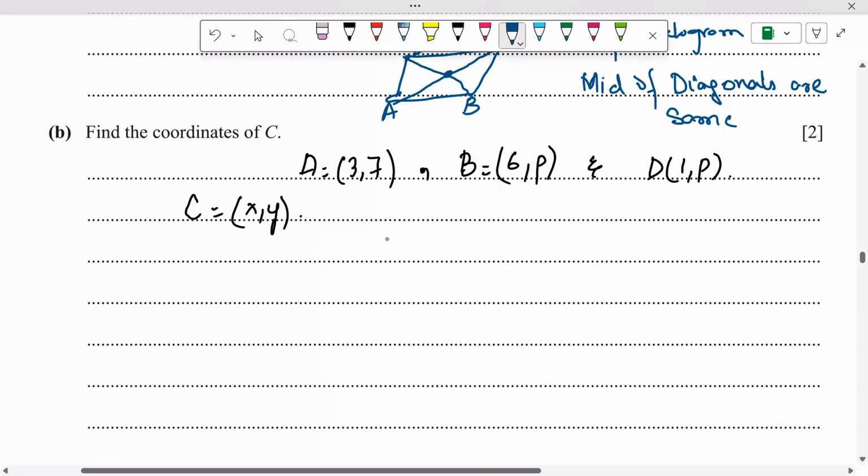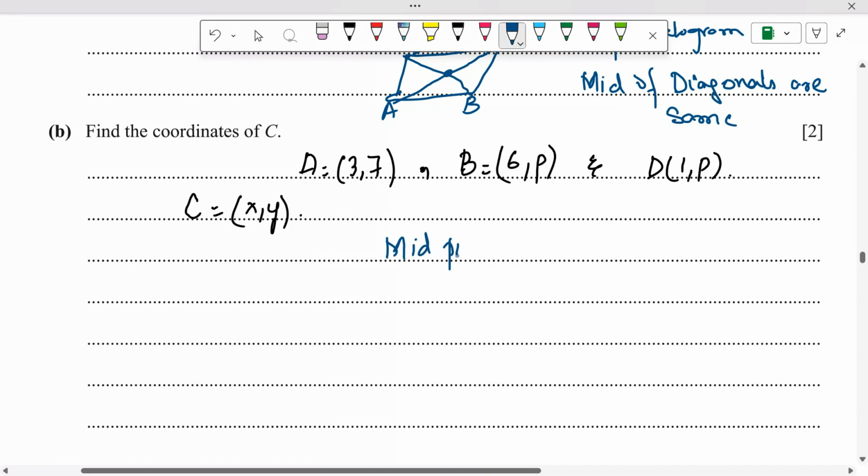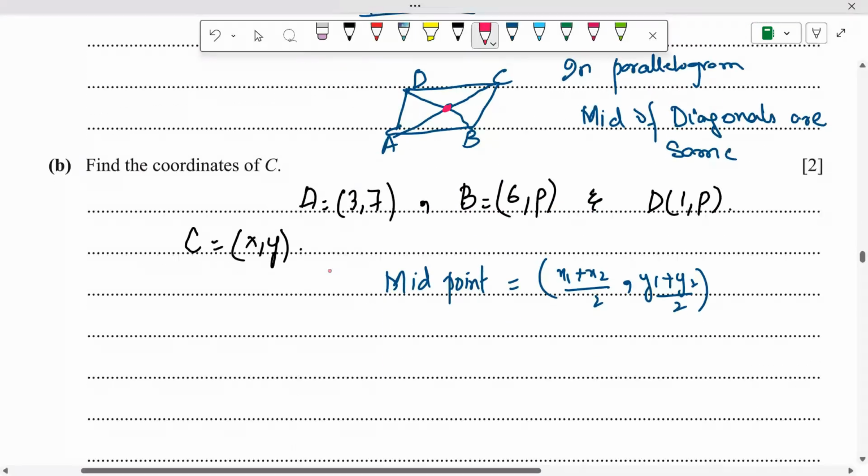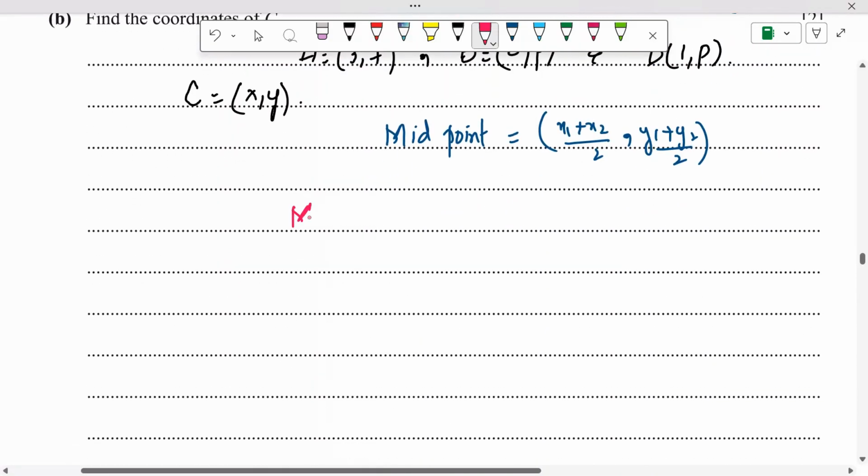And we know that the midpoint formula is ((x1 plus x2) over 2, (y1 plus y2) over 2). The midpoint of AC and the midpoint of BD should be the same.